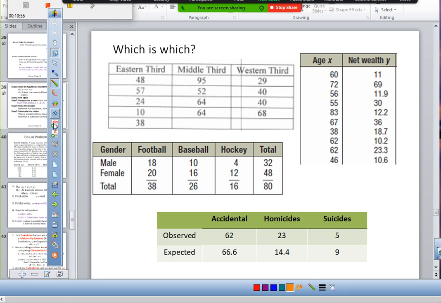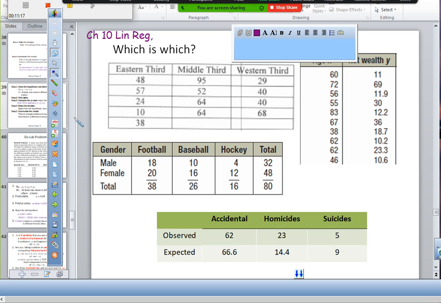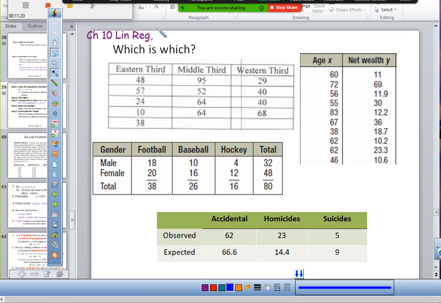Right, so it'll either be a chapter 10, linear regression, or it'll be an 11.1, a chi-squared, or it'll be a chi-squared list. Or it'll be a chi-squared.